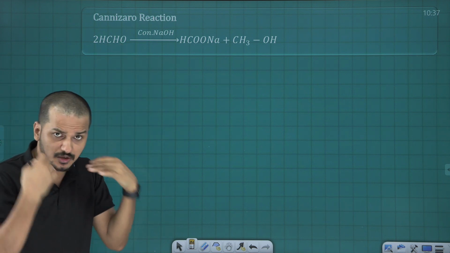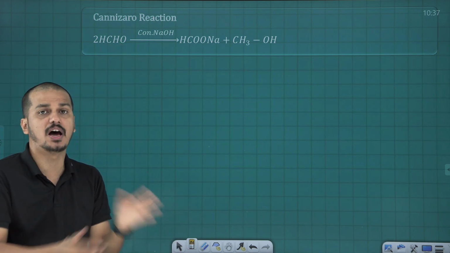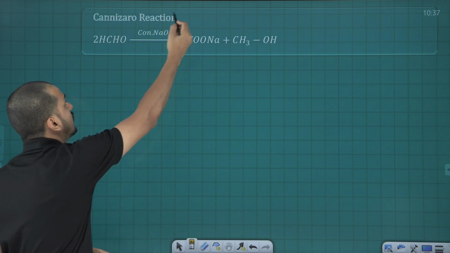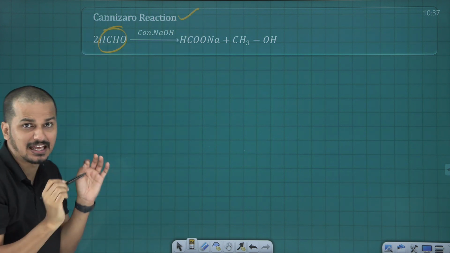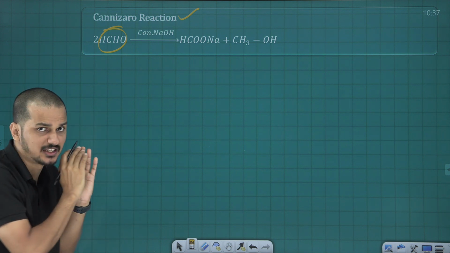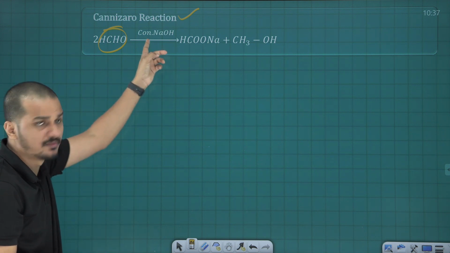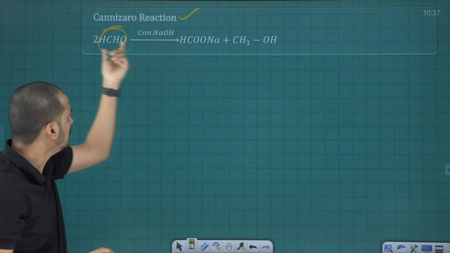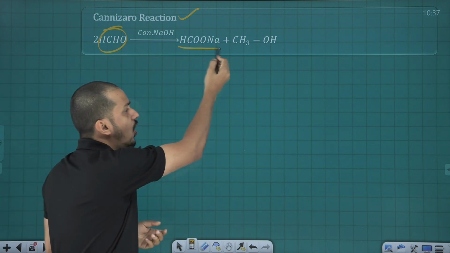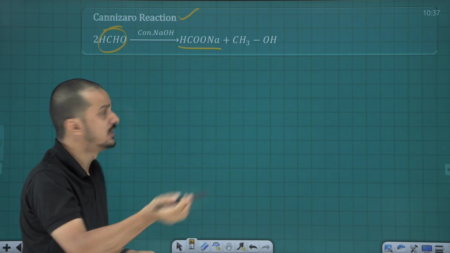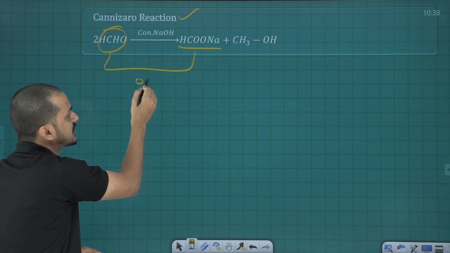But if in your aldehyde or ketone, alpha hydrogen is not there, then that will give you the Cannizzaro reaction. For example, if I am taking methanal, in it there is no alpha hydrogen. Once you are treating with concentrated NaOH, one molecule will be oxidized to HCOONa, sodium formate. So oxidation is taking place here.